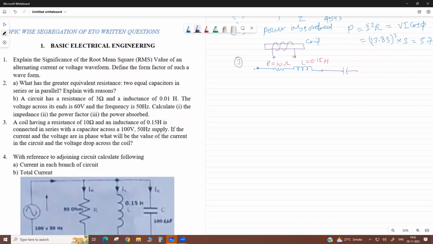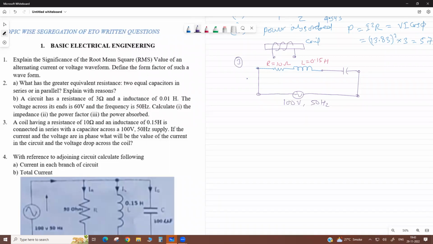Now across this circuit end, we apply a voltage here. It is a 100 volt, 50 hertz AC supply.